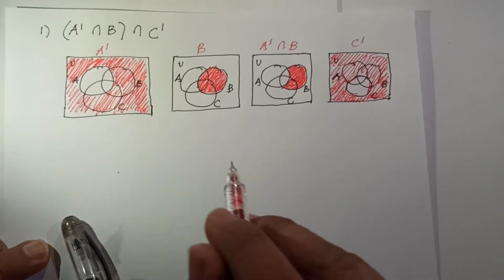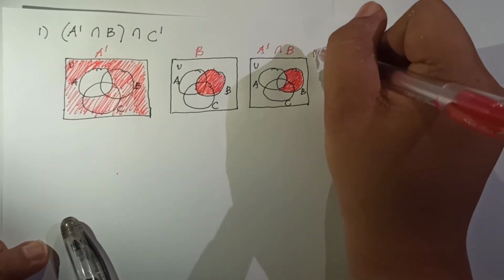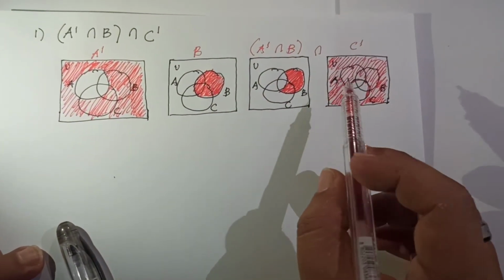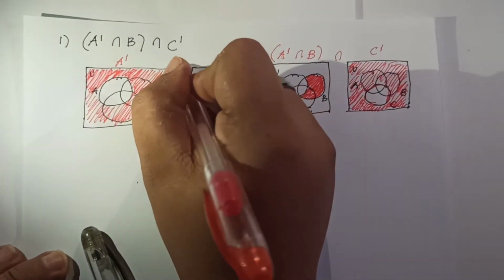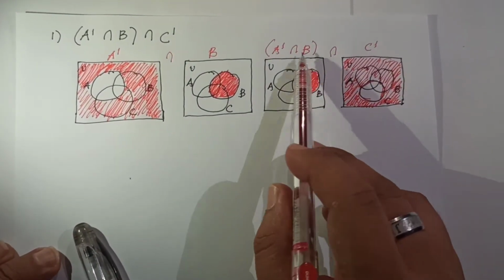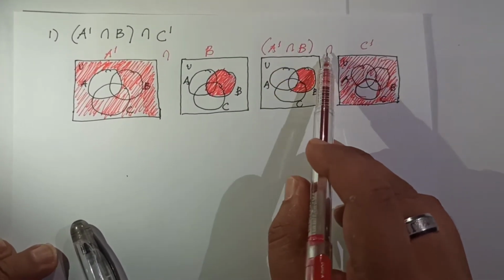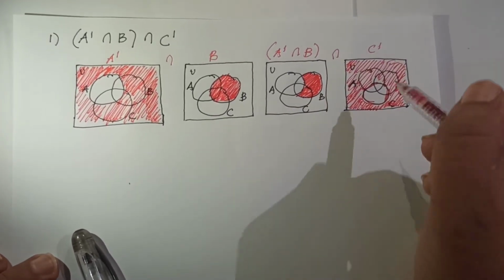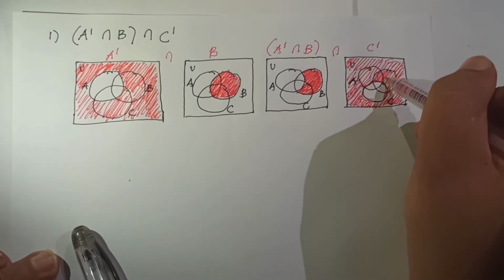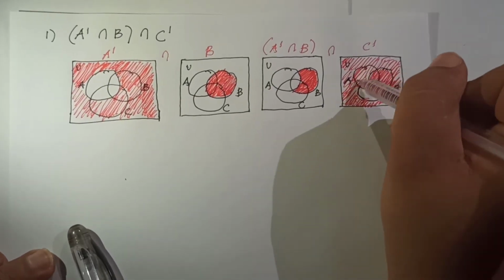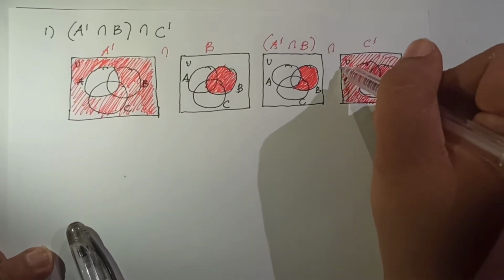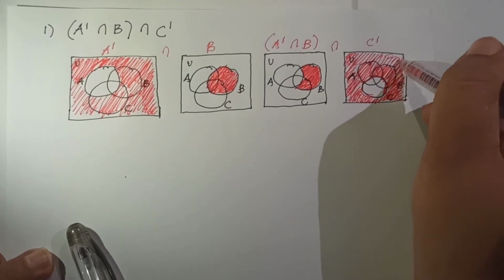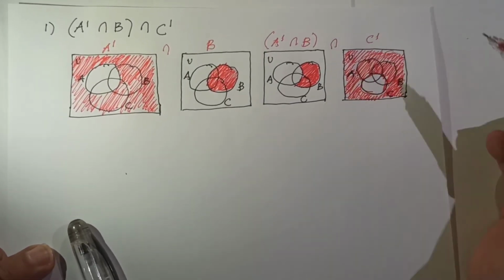Since we're going to get the intersection of this, and the intersection from a while ago, so A prime intersection B intersection C prime, we're just going to get the common. Let me shade it further so that it's not confusing.